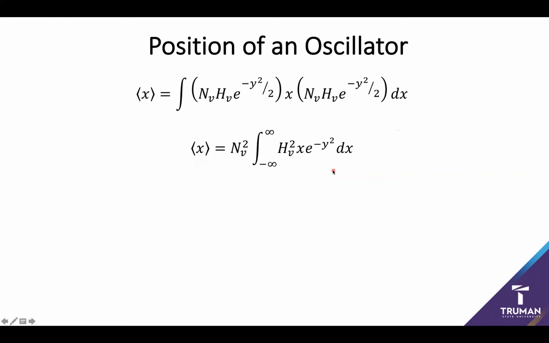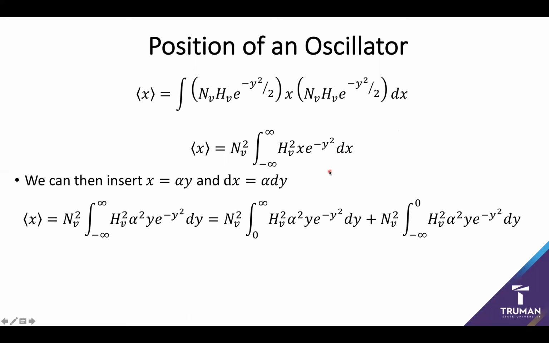However, it turns out because the Hermite polynomials are in terms of y, in general, the easiest form is going to be turning our x values over into y values. And we can do that by noting that the position is related to alpha y. Simultaneously, that means that the first derivative of the position is related to alpha times the first derivative of y. And then we can input that into our function.